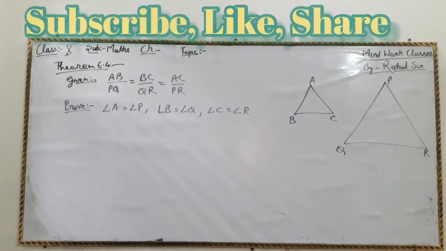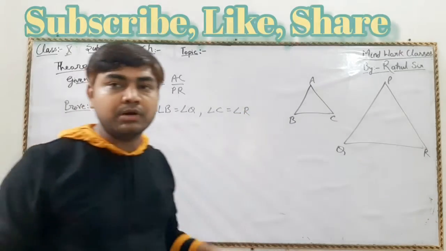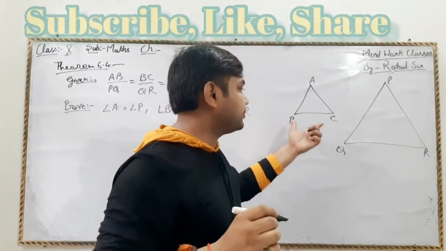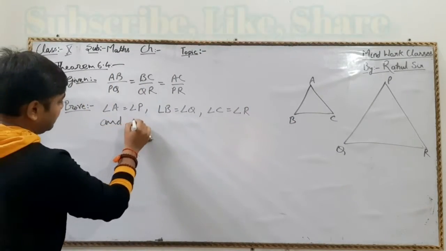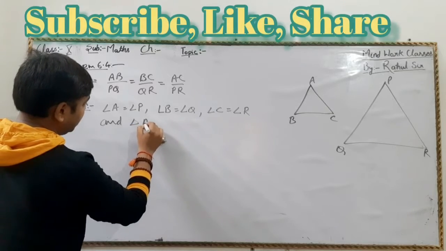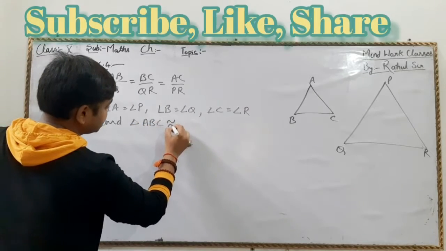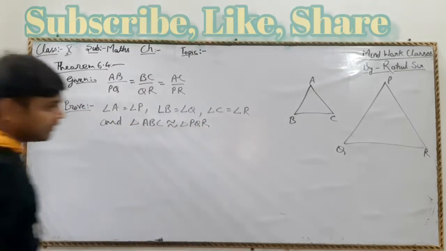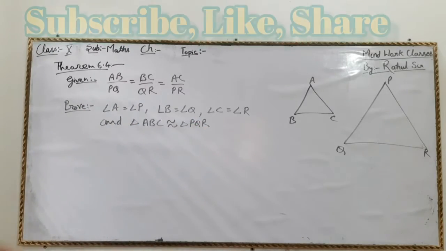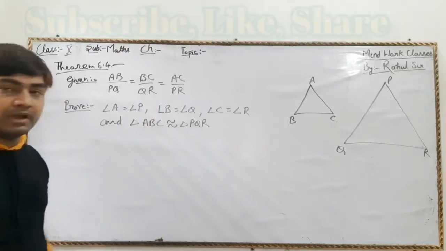Hence we have to prove that triangle ABC is similar to triangle PQR. Now this is given and this we have to prove.